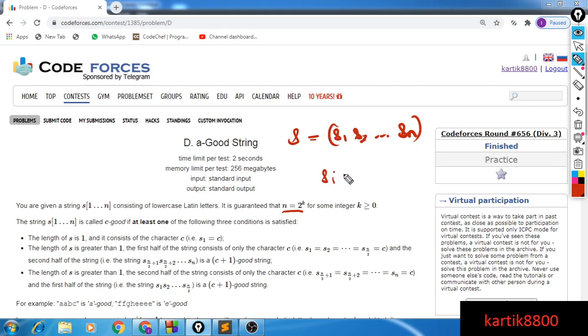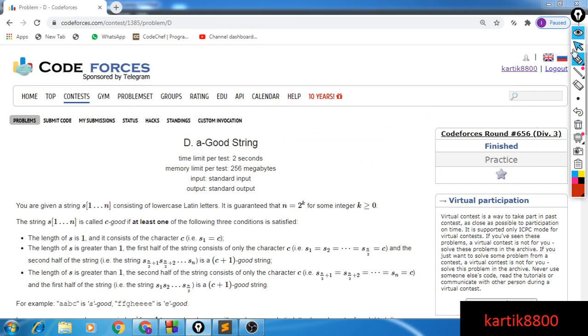I could pick the ith character of S and change it to any lowercase character, A, B, C up to Z, and this counts as one operation. I would like to find the minimum number of operations, selecting an index and changing it to some other character, required to make this string S into an a-good string.